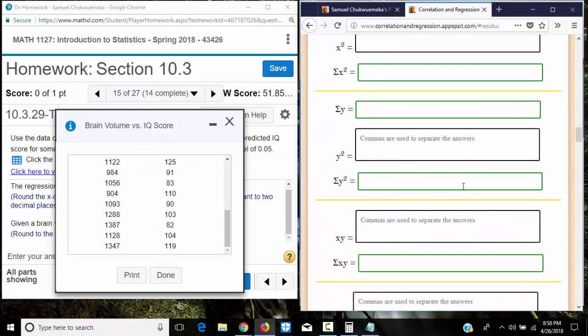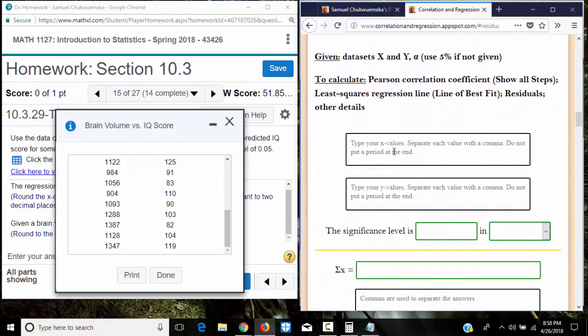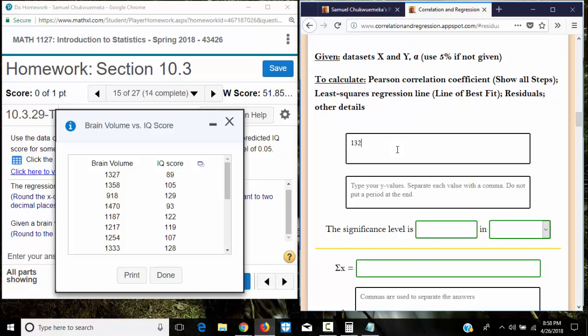Reset this here. Okay, for the x I have 1327, 1358, 918, 1470, 1187, 1217, 1254, 1333.